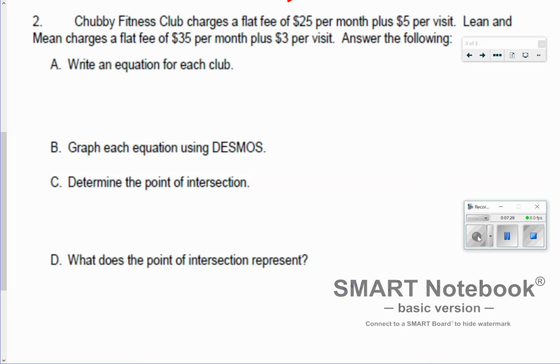So we've got Chubby Fitness Club, which charges a flat fee of $25 per month, and Lean Mean charges a flat fee of $35 a month plus $3 per visit. So let's write an equation for each club. For the Chubby Fitness Club, it's 5x plus 25, and for the Lean Mean, it's 3x plus 35.